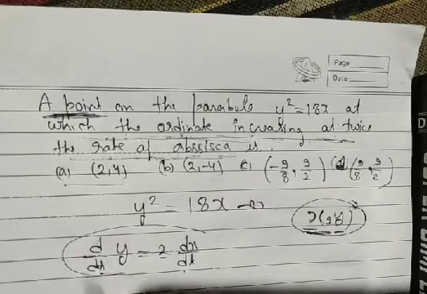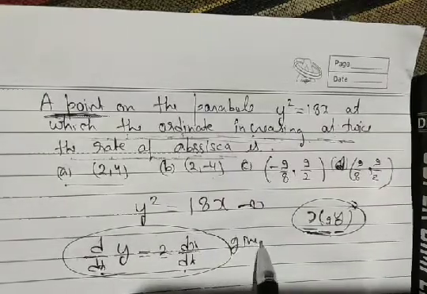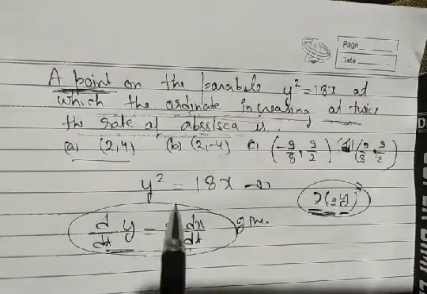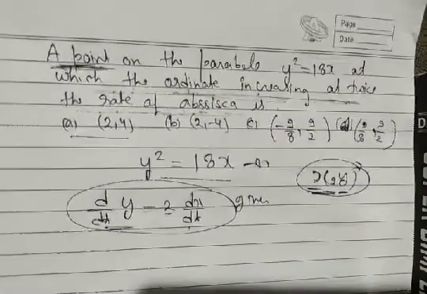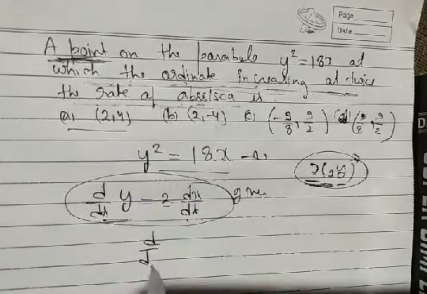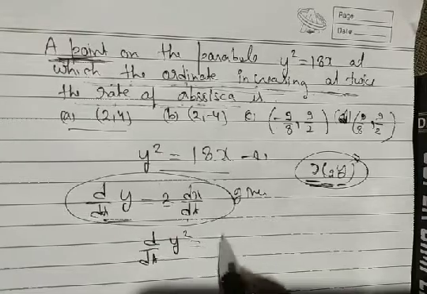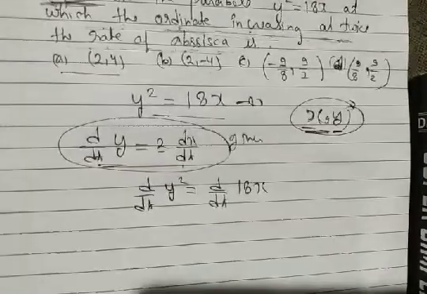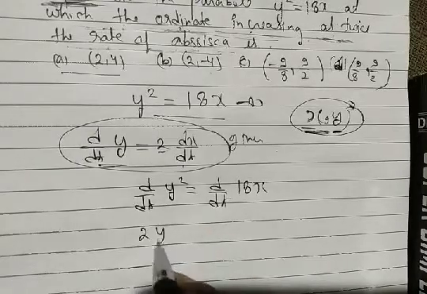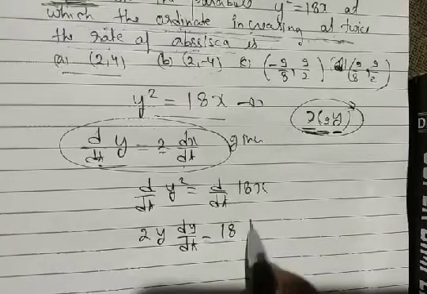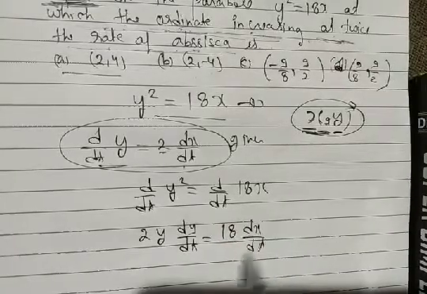We have d/dt of y equal to 2 times d/dt of x. Now we have the parabola y square equal to 18x. We take the derivative of this: d/dt of y square equal to d/dt of 18x. Here we have 2y dy/dt equal to 18 dx/dt.